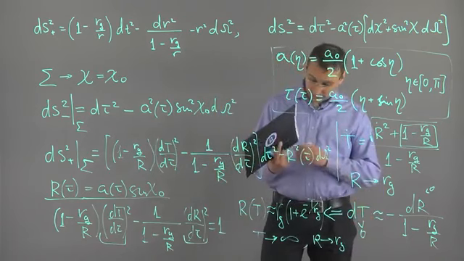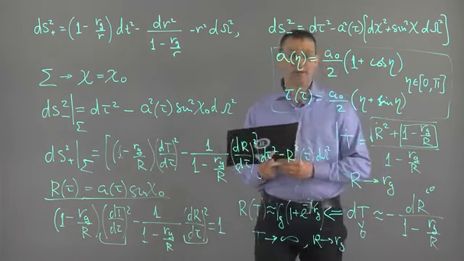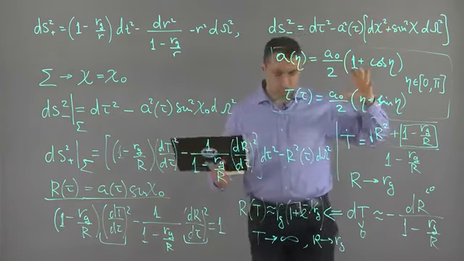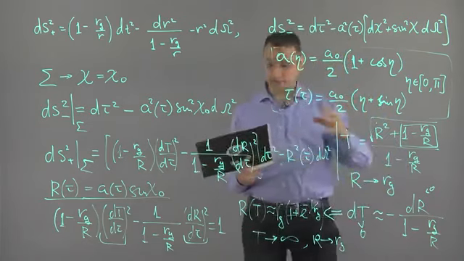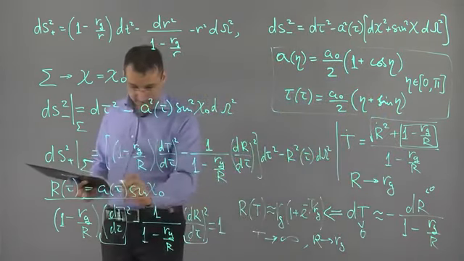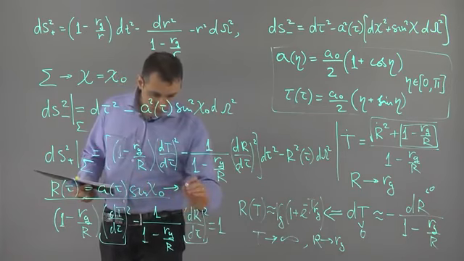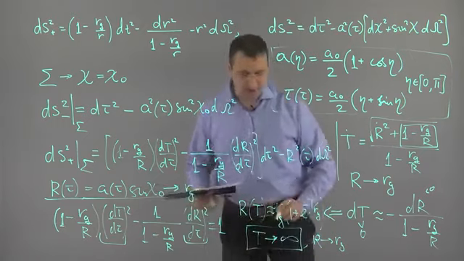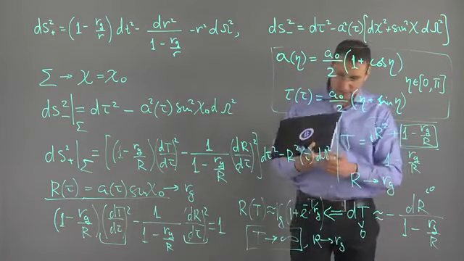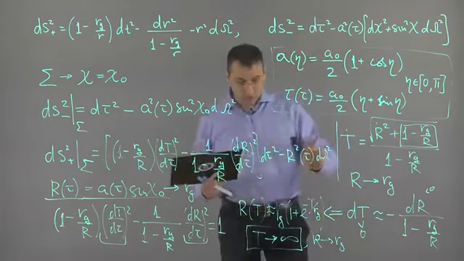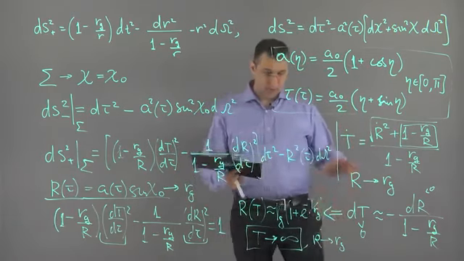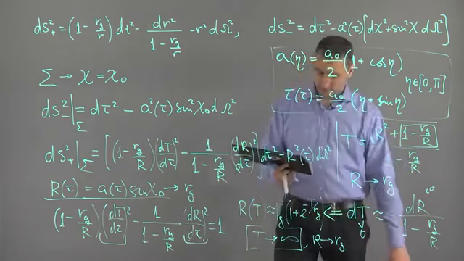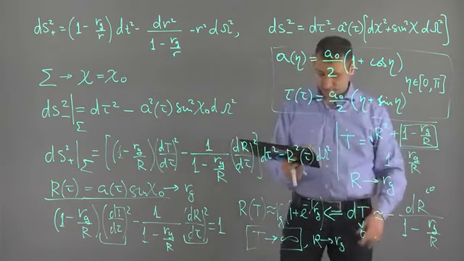So we encounter the following situation: it takes finite proper time for the star surface to cross the Schwarzschild radius, to cross the Schwarzschild horizon, but it takes infinite time from the point of view of an outside observer for the star surface to cross the horizon. So the star surface is asymptotically slowing down and approaching the Schwarzschild radius.